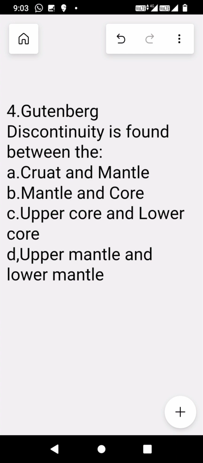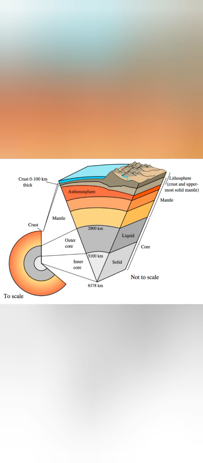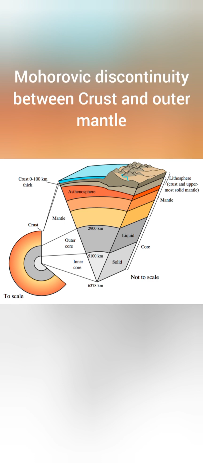Mantle and core. If you see the cross section of the earth, it is divided into three sections. The outer layer, the lithosphere, consists of the crust, then the mantle, which is divided into upper mantle and lower mantle, or outer and inner mantle. Then we have the core, which is the inner core and outer core. The Mohorovicic discontinuity is the boundary between the upper mantle and the crust.